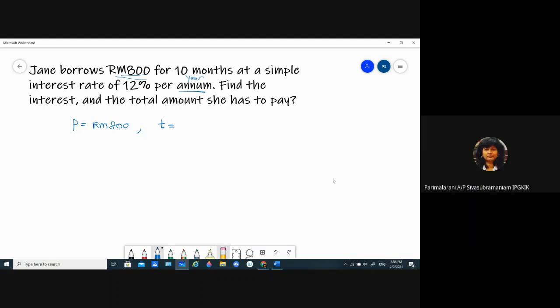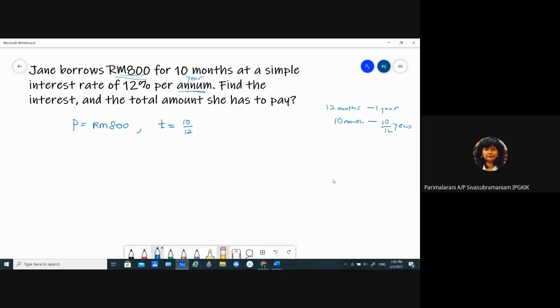So what is our T in years? 1 year has how many months? 12 months is 1 year, so 10 months is 10 over 12 years. Okay, so we have to convert it to years. We know that 12 months is 1 year. Therefore, 10 months is 10 over 12 years. That's the calculation that we do.